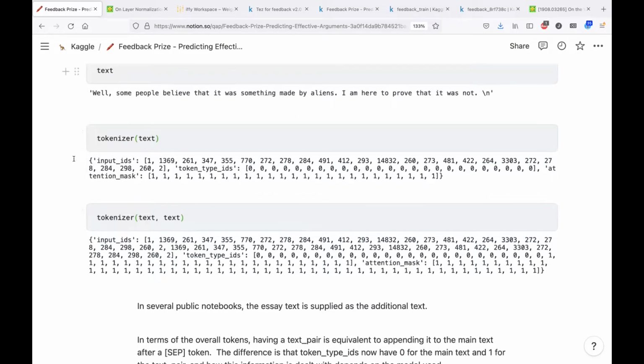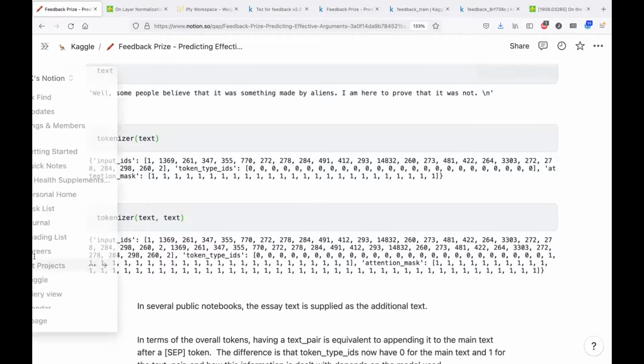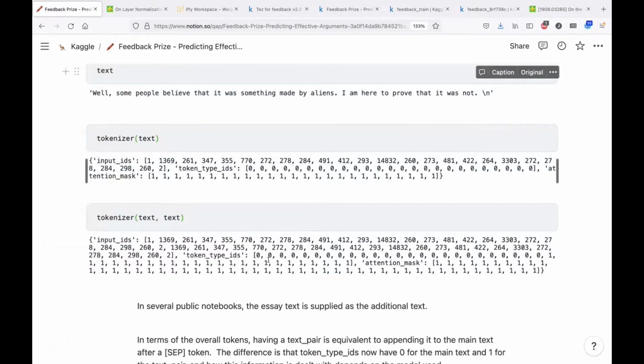I also created a model and passed this input through the model. I tried it for DeBERTa small, and essentially the output logits are identical. So I guess the DeBERTa models just ignore this difference.